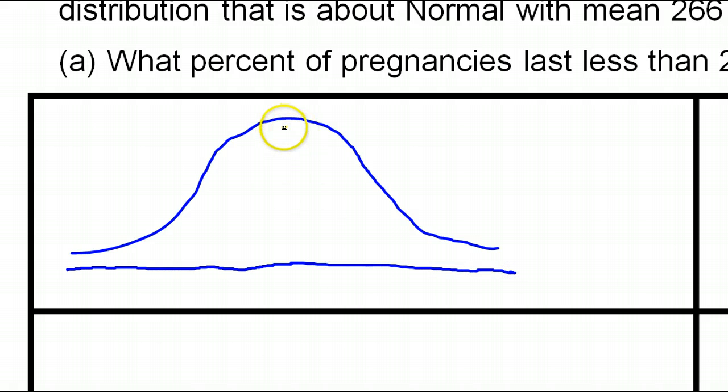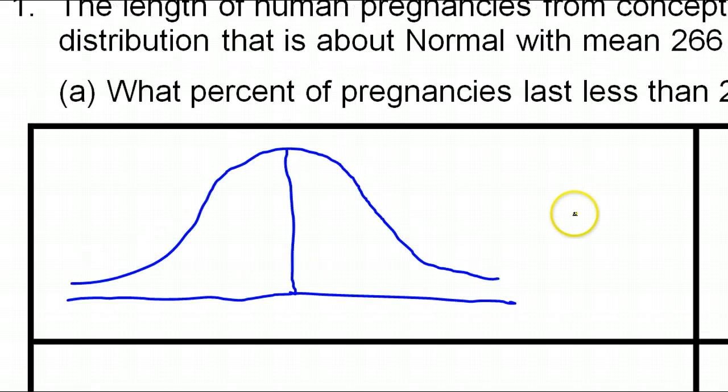Go ahead and drop a line right down the middle and label it with the mean. Okay, it said we had a mean of 266 days. So I'm going to put 266, and I'm going to label this days.